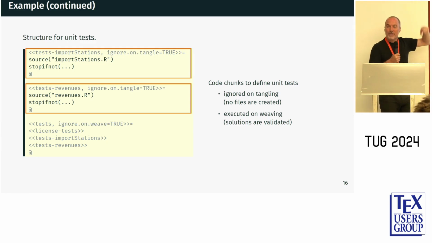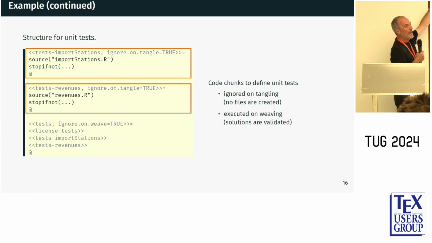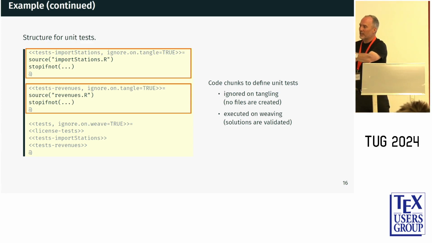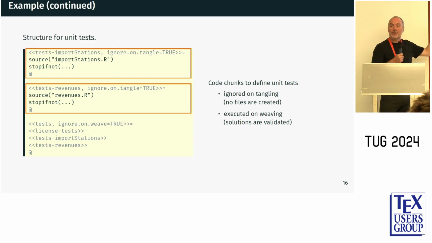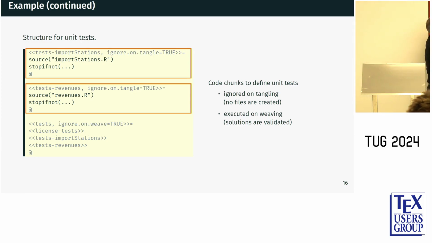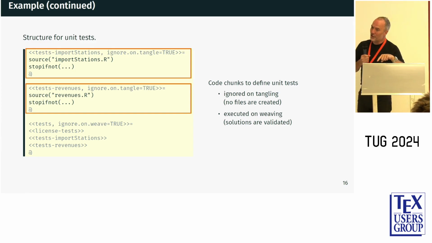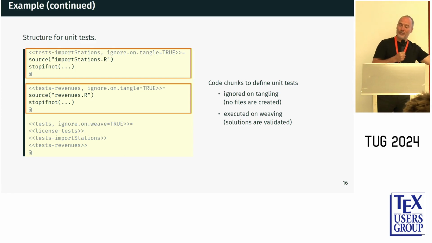But now we are weaving the document. So the code is executed, and what these unit tests do is they have to source the R files. These files now exist because they've been tangled before. So we can reread the file and execute all our unit tests on the weave procedure because I tangled first.